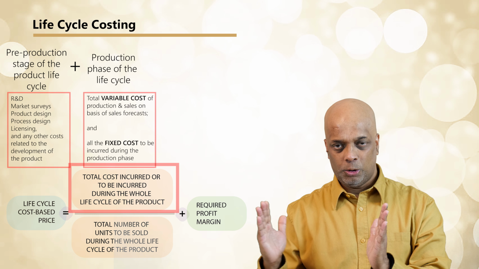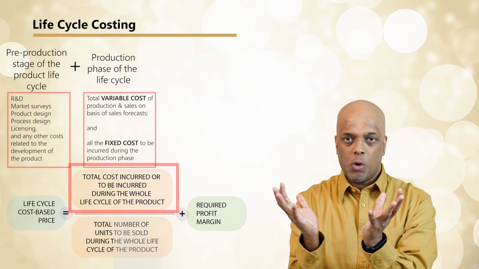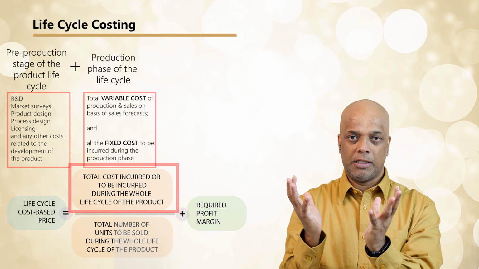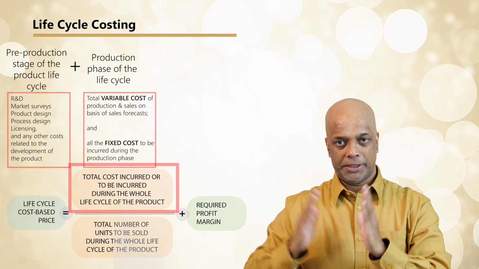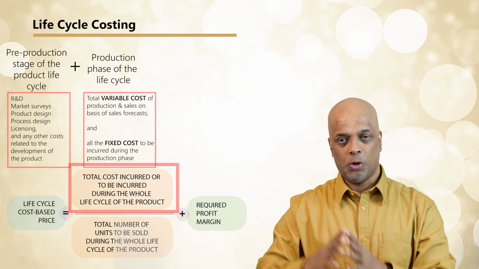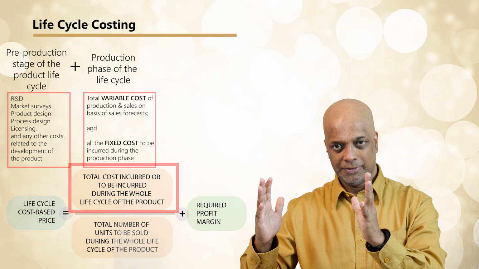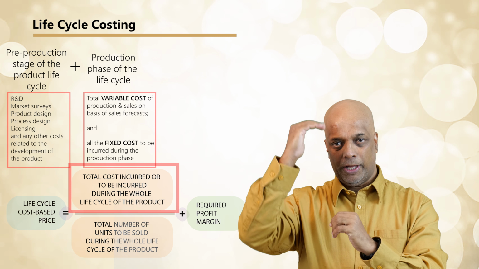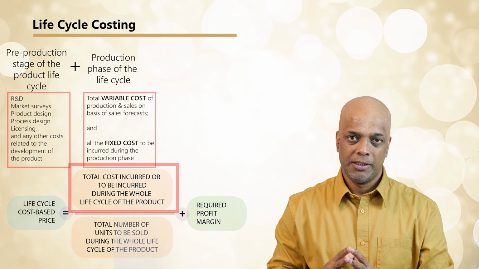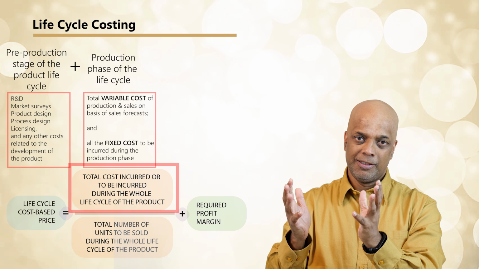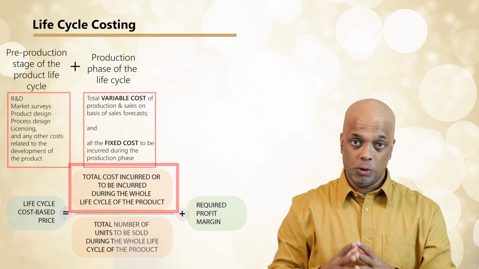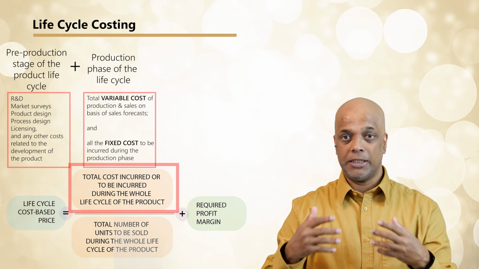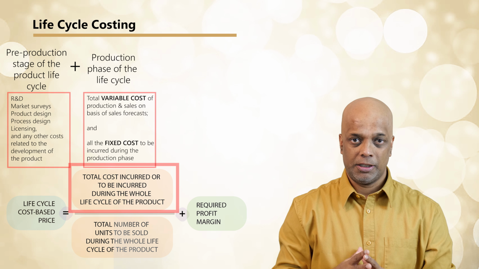You put them all together, and you would have the total cost to be incurred during the 5 years of operations. Total operational cost, including variable and fixed cost, and all committed costs relevant for this particular product. That could include, for example, warranties, guarantees, legal fees, and many other costs.